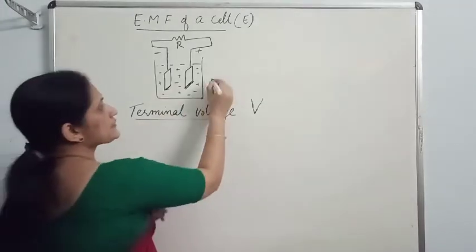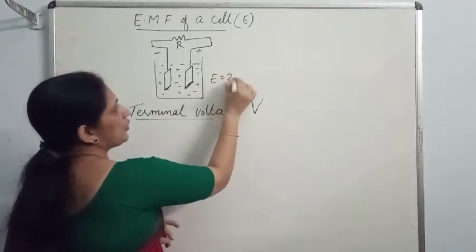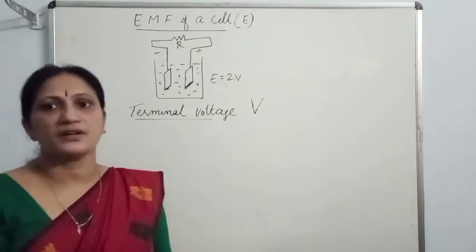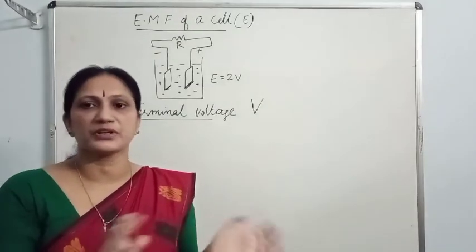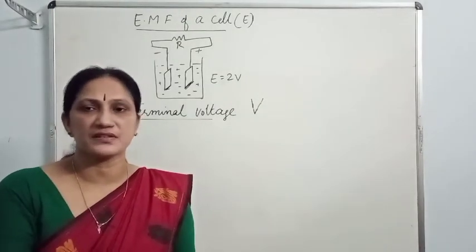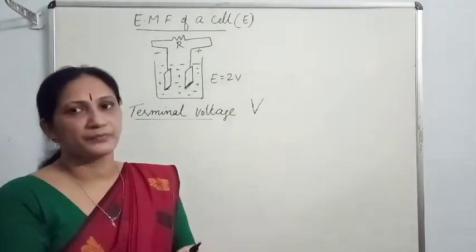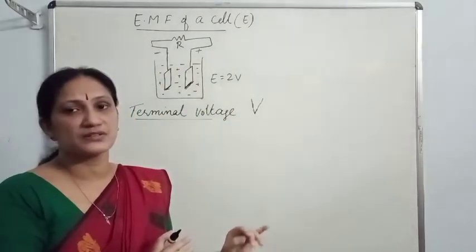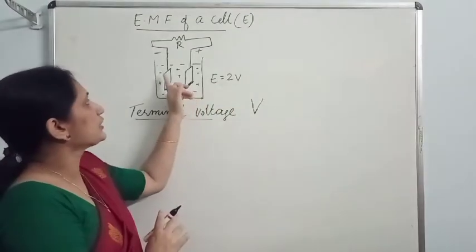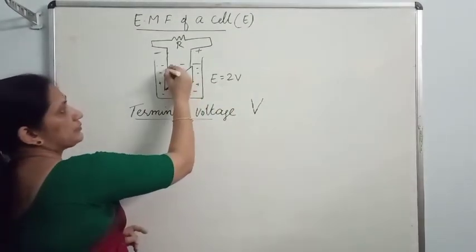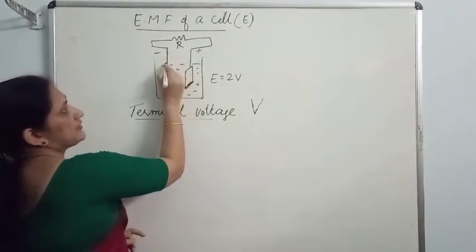Suppose this cell is of EMF 2 volt. Means when the cell was not in use, potential difference between the two terminals is 2 volt. Now the cell is in use, cell will work, electrons will flow from the negatively charged electrode in this direction.